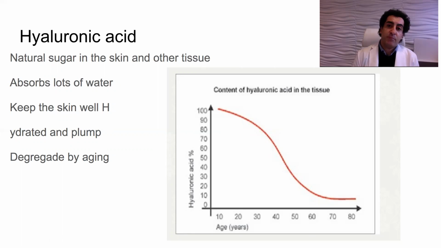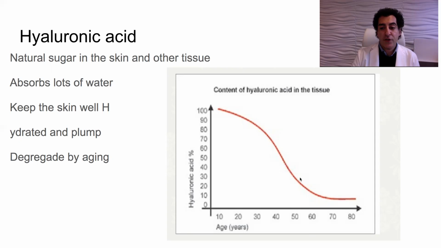It's going to stay plump, but unfortunately, with the process of aging, the amount of hyaluronic acid is going to go down, as you can see here. After the age of about 30, we all start losing some of the hyaluronic acid. It starts even from birth, but after the age of 30, the slope of that is going to be very fast.